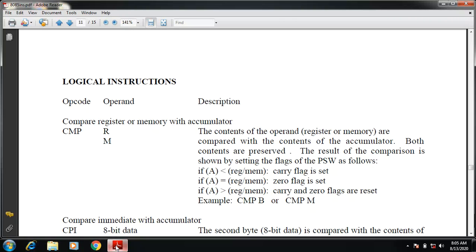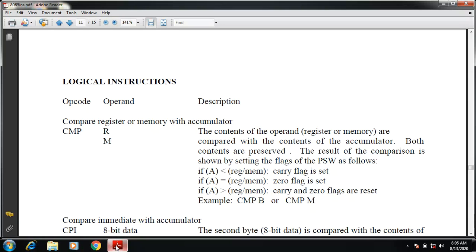The comparison is done by subtracting the register from the accumulator, but both contents are not changed.